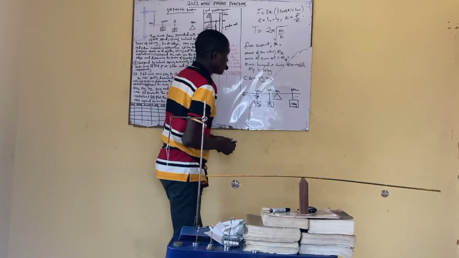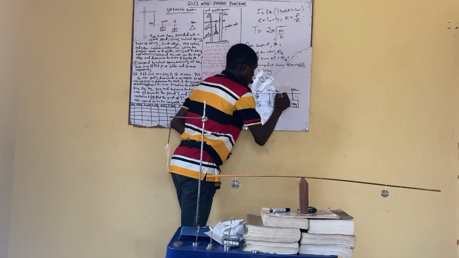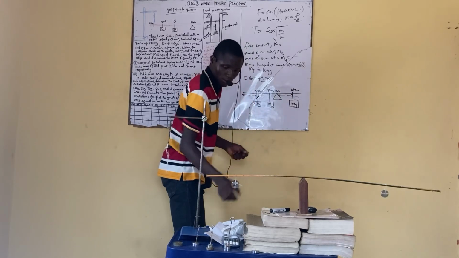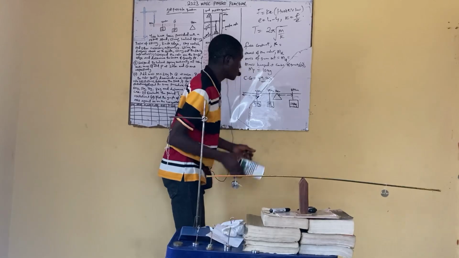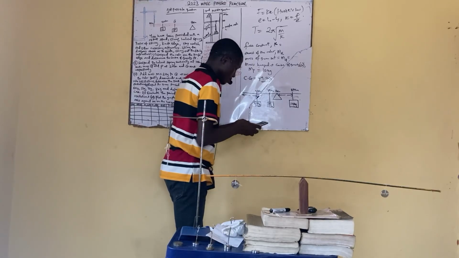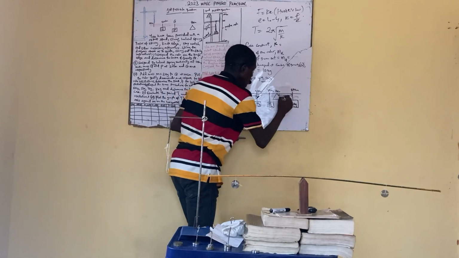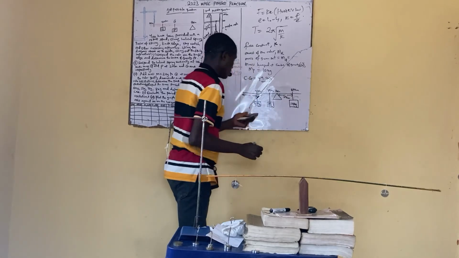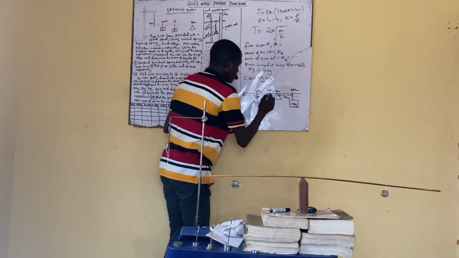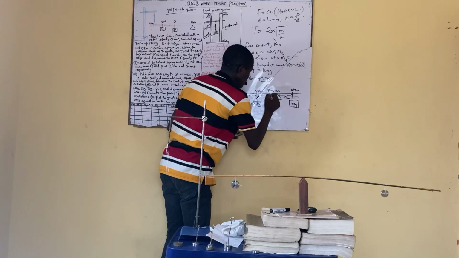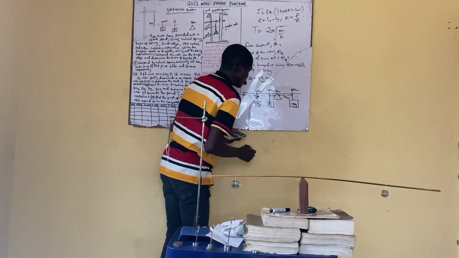With this, we can now say the distance from the pivot to this is 87 minus 58. 87 minus 58, we have 29 centimeter.